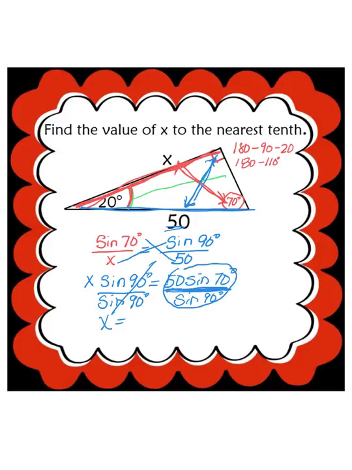And in the denominator, we have the sine of a 90-degree angle. When we do that, we end up with our measure to be 46.98. Now, rounding-wise, this one's kind of interesting. That 8 would kick your 9 up, so my 46 would actually get rounded to 47. Now, if we recall, we said that the side should be less than 50, which you see it is, so that looks like a good answer.